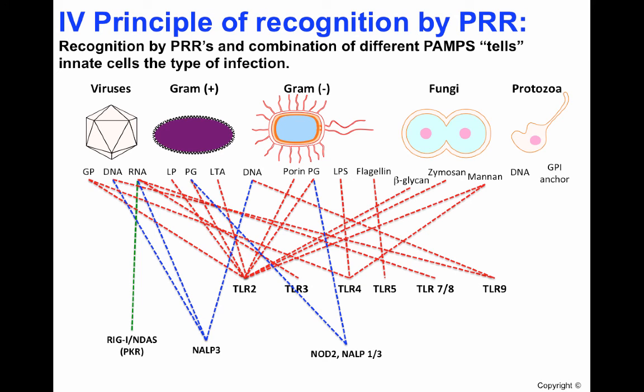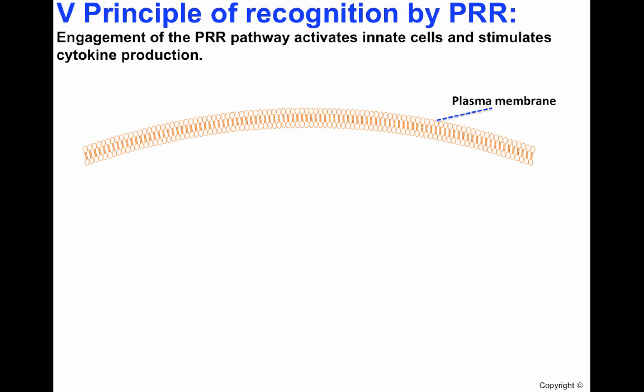As you can see, every organism has different PAMPs that can be recognized by the immune system. Recognition of PRRs and the combination of these different PAMPs can tell your immune system what type of infection you have. Engagement of the PRR pathway activates innate cells and stimulates cytokine production.